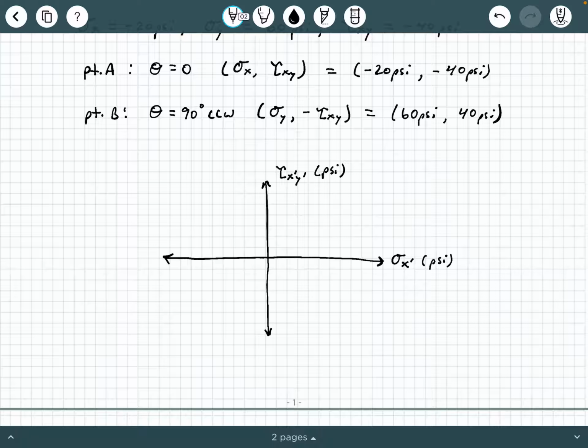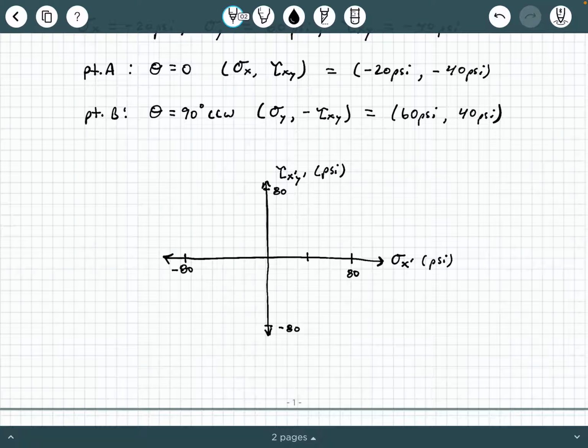So I'm going to go ahead and scale off my axes. I'm going to use 80 psi here, and that'll put this at about negative 80. And this will be about 80 up here. This will be about negative 80 here.